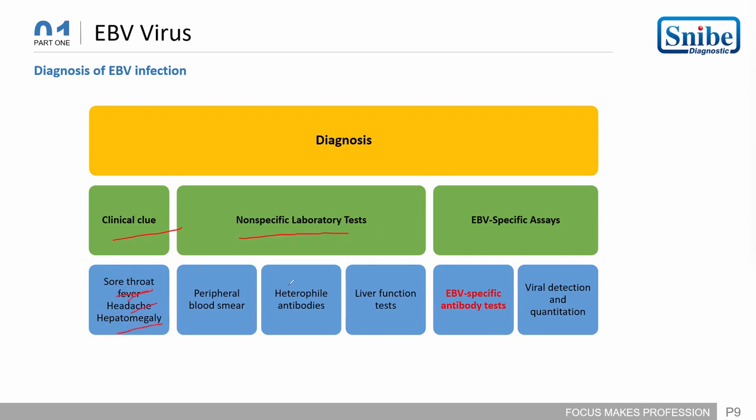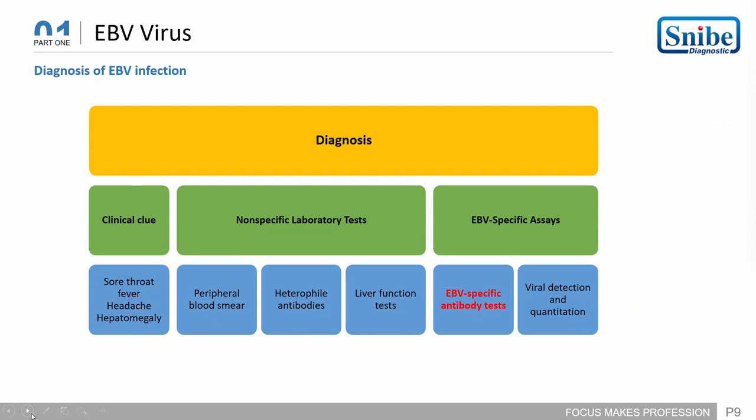Non-specific laboratory tests like peripheral blood smear, heterophilic antibodies, or liver function tests also give evidence. If an EBV-specific assay, like an EBV-specific antibody test or viral detection and quantitation, is performed, that gives you the confirmation of the diagnosis of EBV infection.